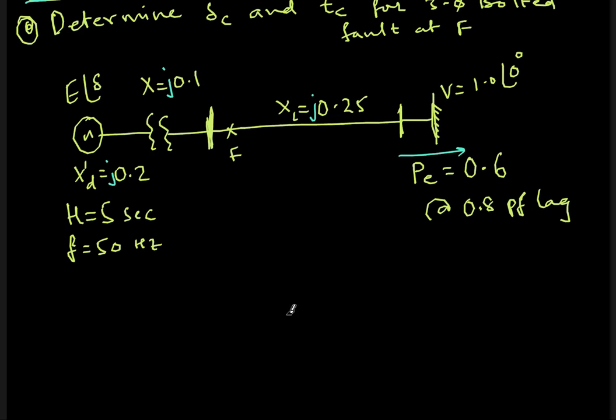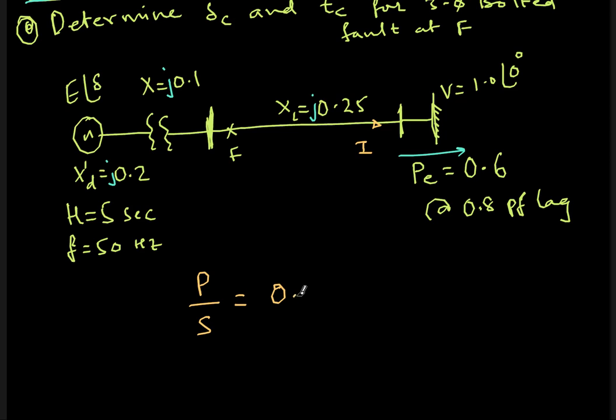First, I would like to find the current. This is the current I. How much current is being injected into the bus? So what is the complex power? We know that active power divided by complex power is the power factor.